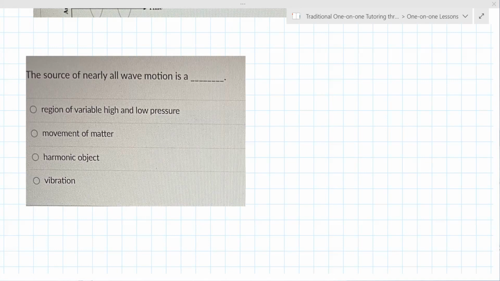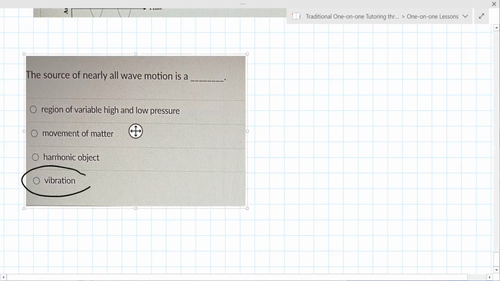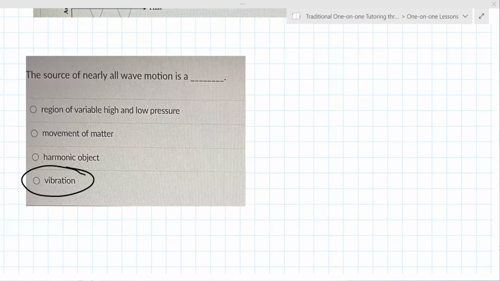So a harmonic object is motion. So I guess I would go with this one. That would be my best guess on this. Wish I had a better explanation.